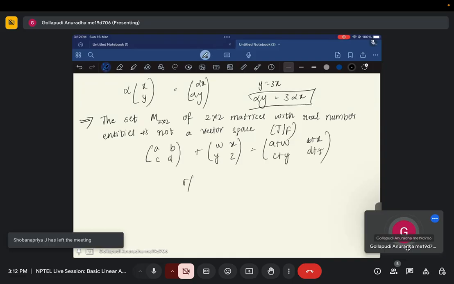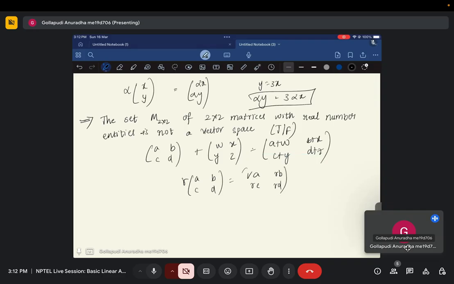And even if you do multiplication, that will be for each individual element. Also the zero matrix is possible: if all the numbers a, b, c, d are 0, they are real numbers only. So all three conditions are satisfied, and it is a vector space, so the statement is false.